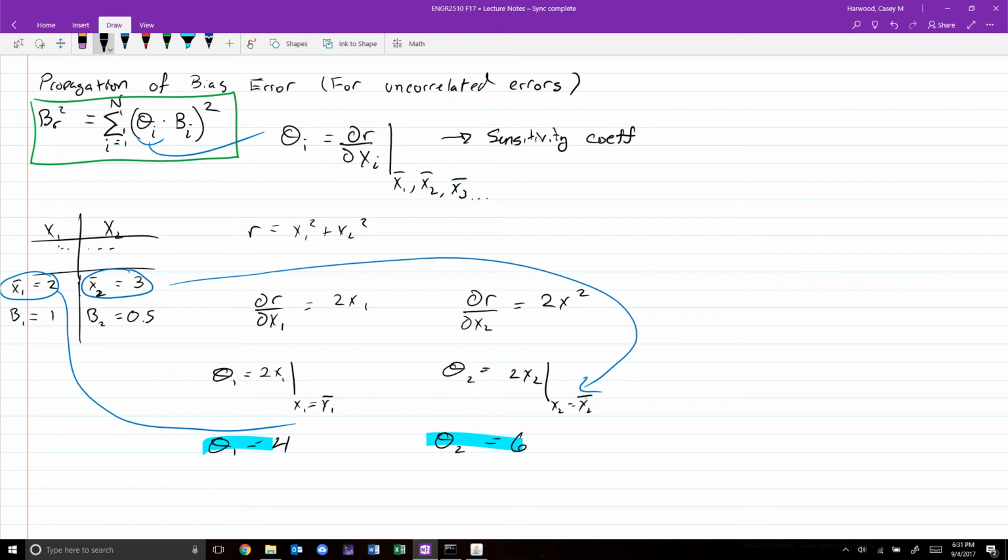Now to figure out the propagated bias limit on R, we're going to apply this equation right up here.